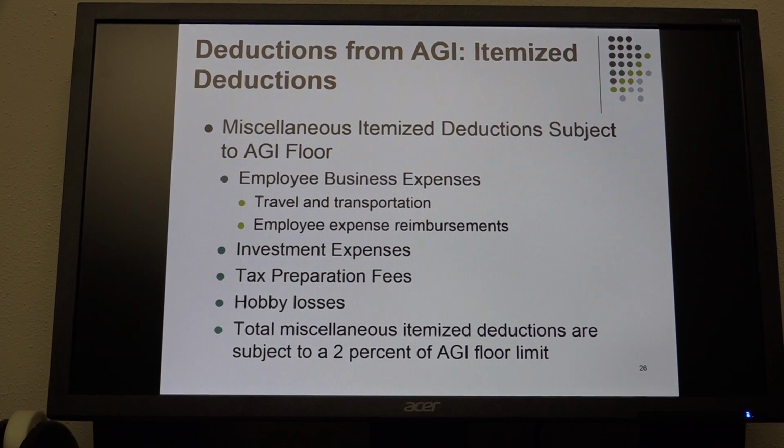It's subject to this 2% AGI floor, first of all. All these miscellaneous itemized deductions are added up and subject to the 2% of AGI floor limit. And there's another limitation on top of that. Basically, your hobby losses are limited to the amount of revenues that you receive in the hobby activity.